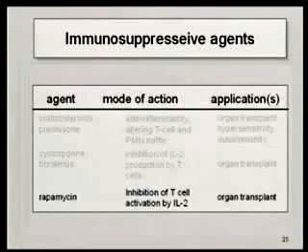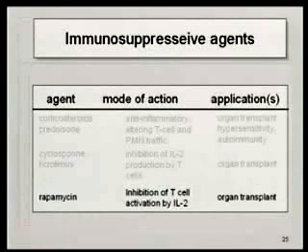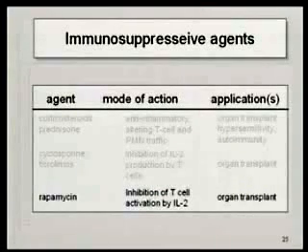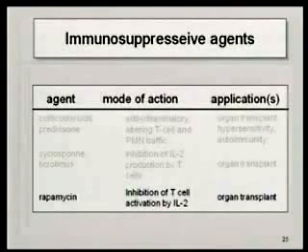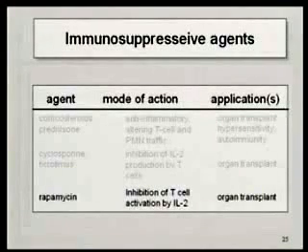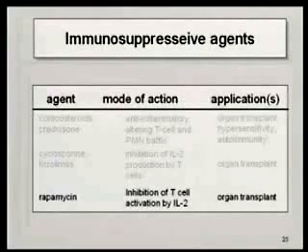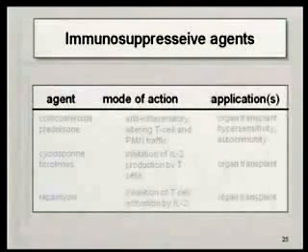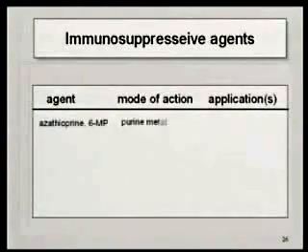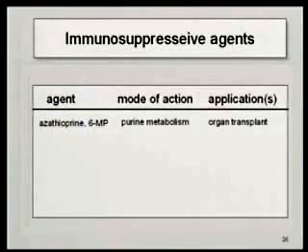The first two, tacrolimus and cyclosporin, suppress the signal induced by the antigen to synthesize IL-2, whereas the third one, rapamycin, prevents activation signal by IL-2 via the IL-2 receptor. Okay? Now, the other few that are used is azathioprine, and it's a purine metabolism pathway it interferes with.